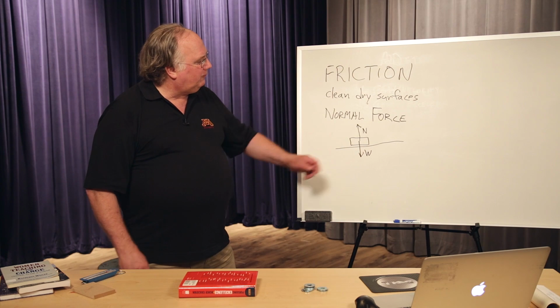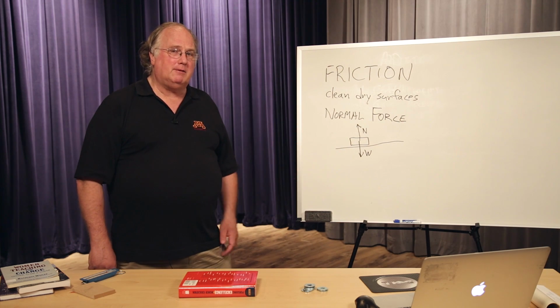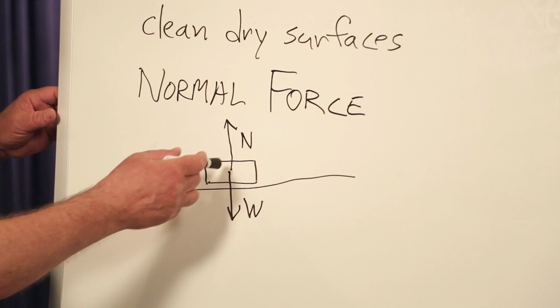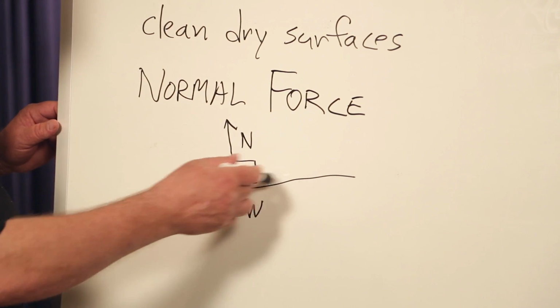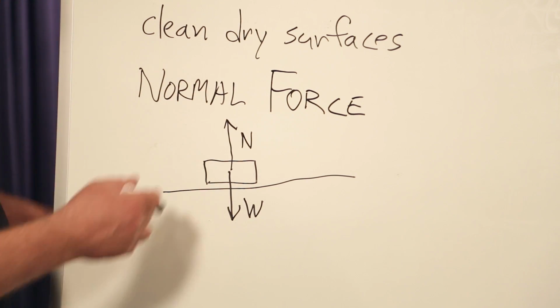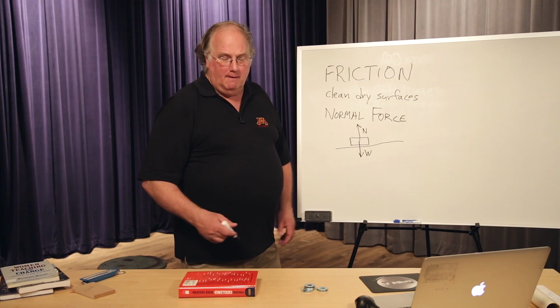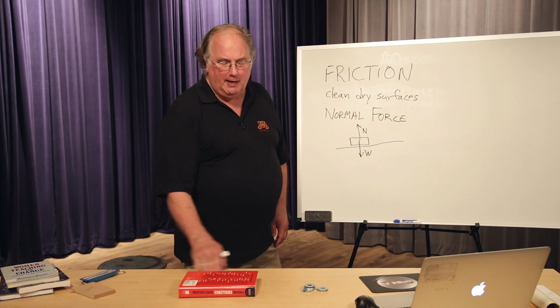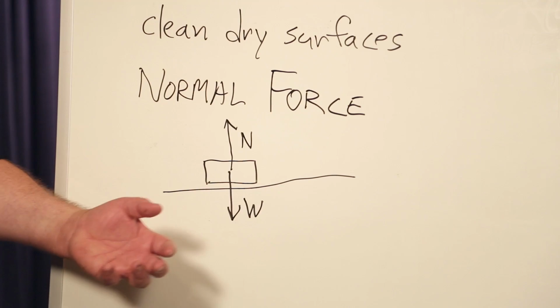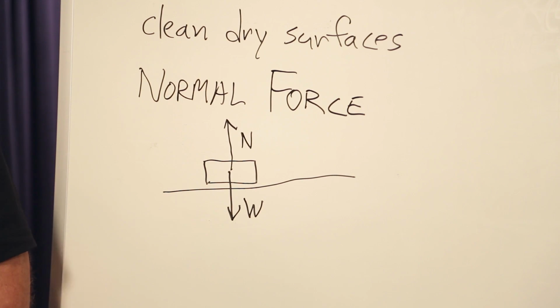So normal force happens whenever you get two surfaces touching each other. The normal force is perpendicular to the plane of the surfaces. That's actually why it's called the normal force, it's perpendicular to the plane that these surfaces are touching each other on. And it's almost always present when two things touch each other.